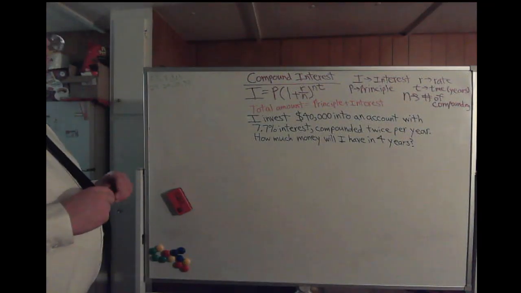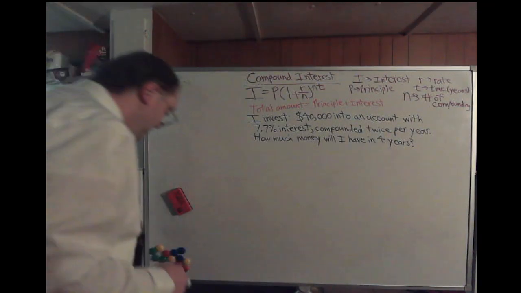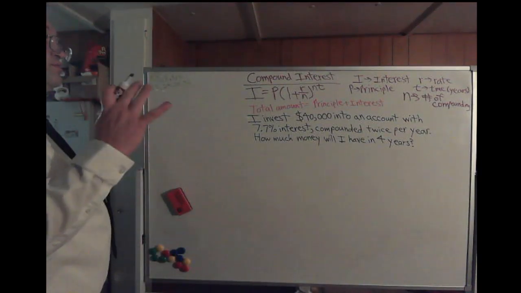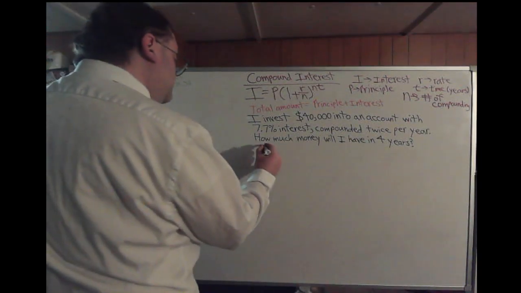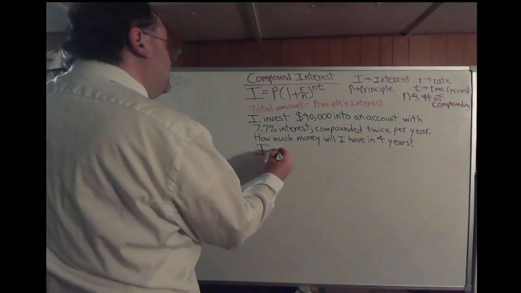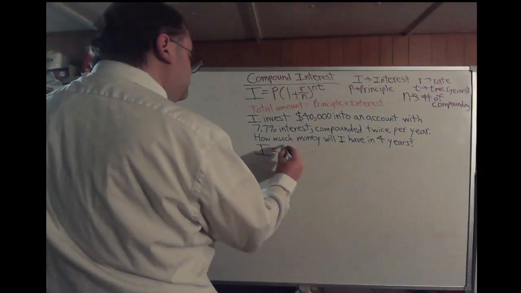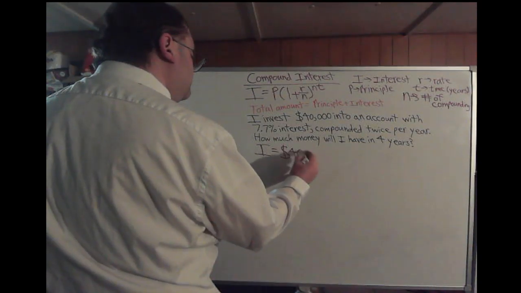How much money will I have in 4 years? So, again, what you're going to want to do is find your interest formula, which is that I. That's equal to P the principal, which that principal is $40,000.